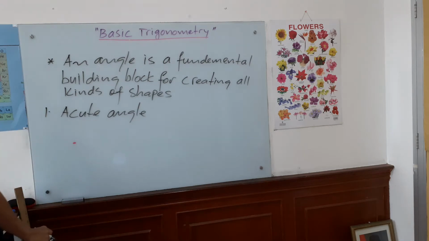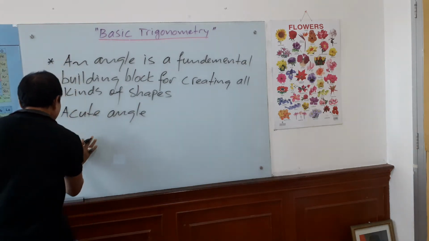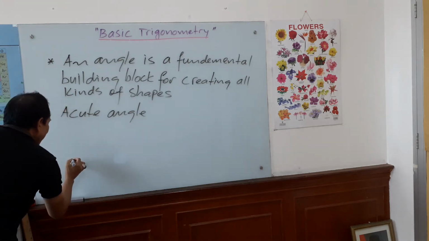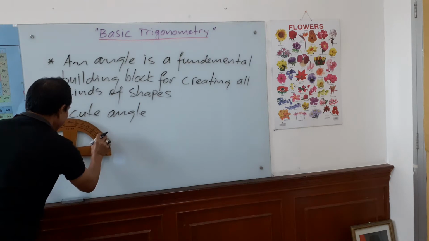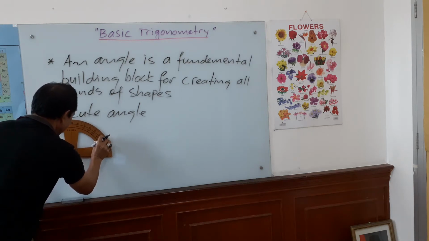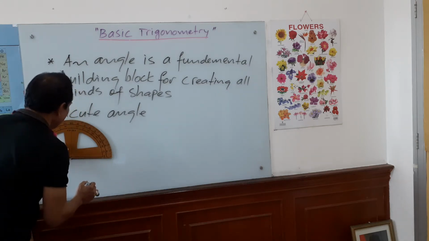Let me put it down here. Now we want to make an angle with this point. We draw a line here, and then we take one.